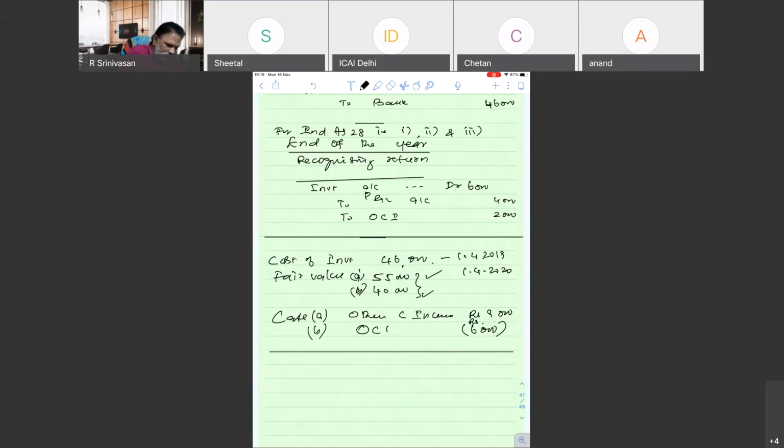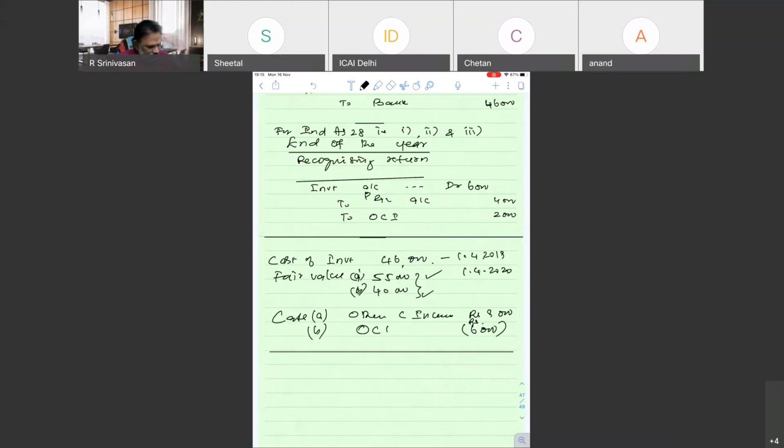Not given the problem 109. We will be doing the problem. I'll give you, because it consists of Ind AS 32, 107, 109. So I'll get you the problems in this case. Okay, we'll do the problems in the next class, or in the extra class, additional class. We'll do the problems for this. Okay.